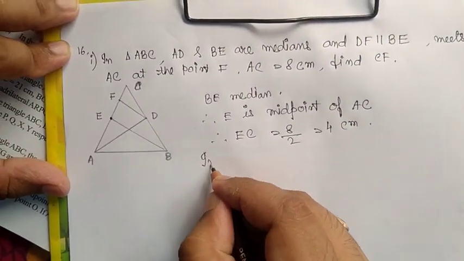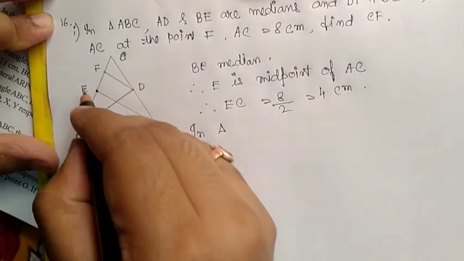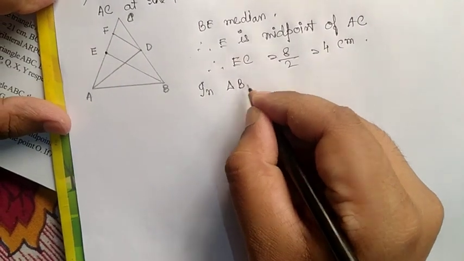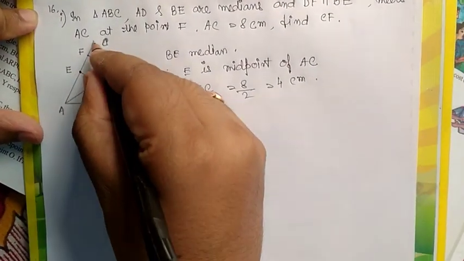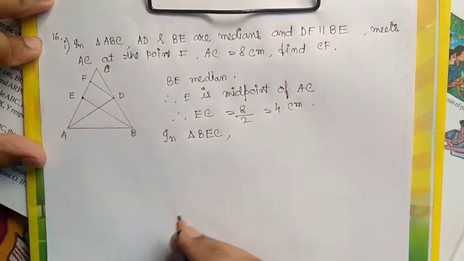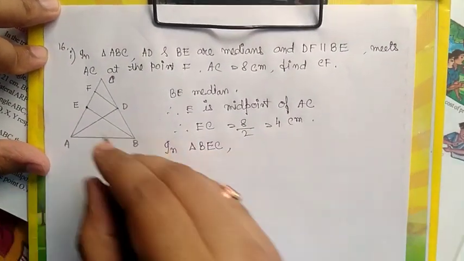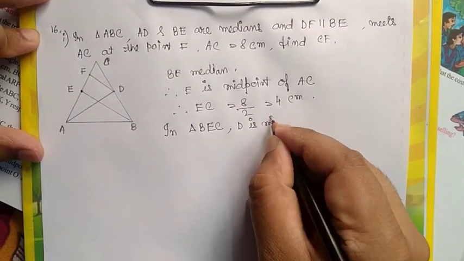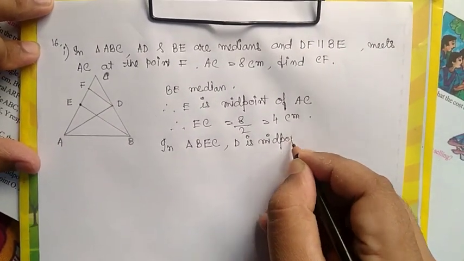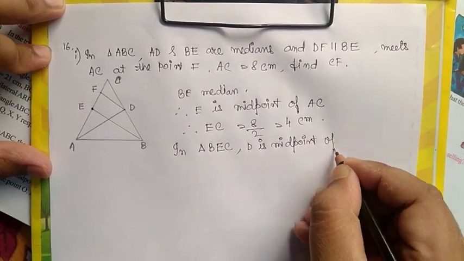Now in triangle BEC, D is the midpoint of BC.